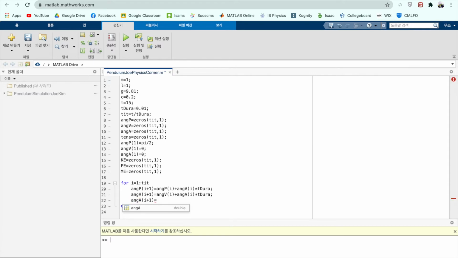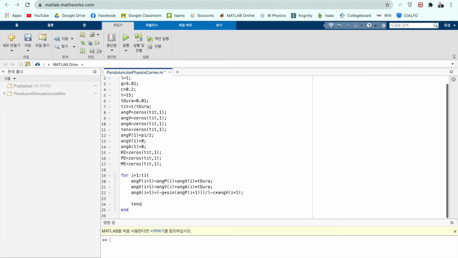And now here I'm going to use the equation I derived before, whereby angular acceleration was equal to minus g times the sine of angular position, theta, of the same value, so i plus 1, divided by the radius, minus the retarding coefficient, c, times angular velocity at i plus 1. This here defines the angular acceleration.